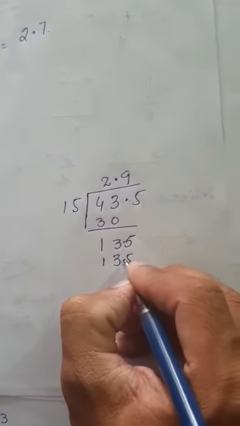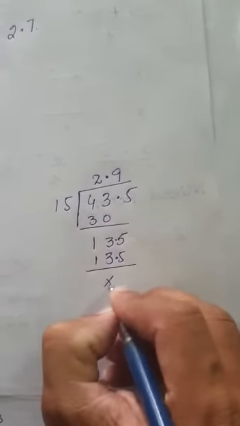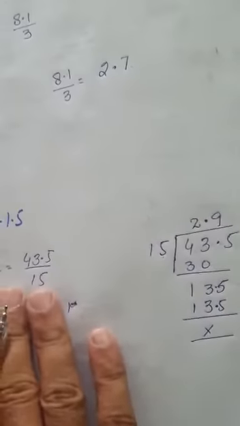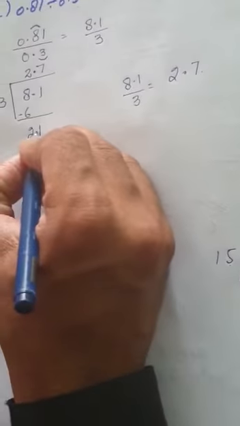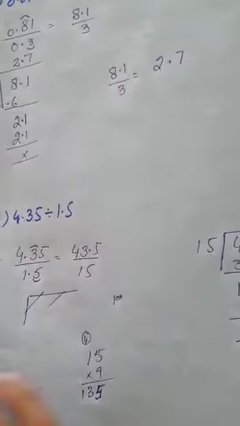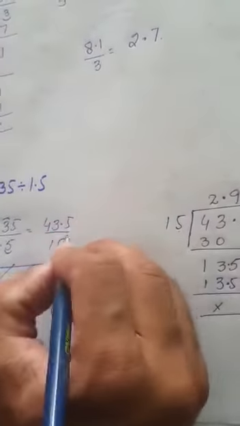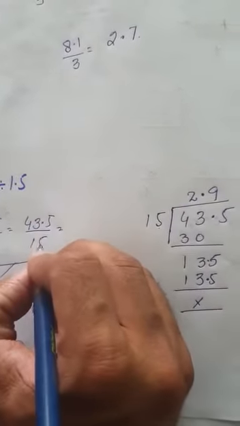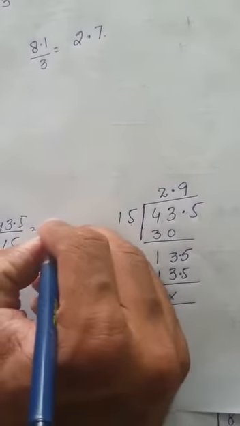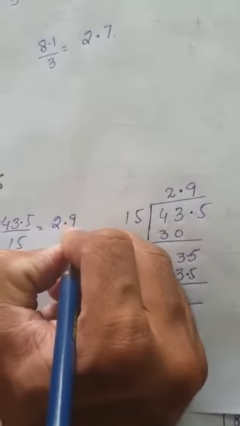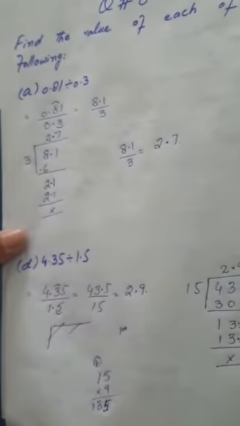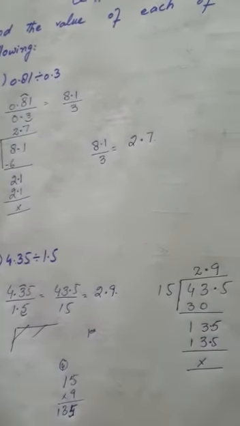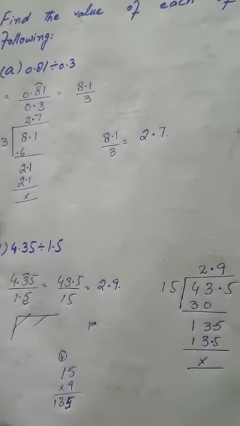One more thing, you also need to place the decimal here because we are dealing with decimal numbers. So 43.5 divided by 15 is equal to 2.9. Hope it is clear to you how we can divide numbers that contain decimals. If you have any problem, you can ask me.